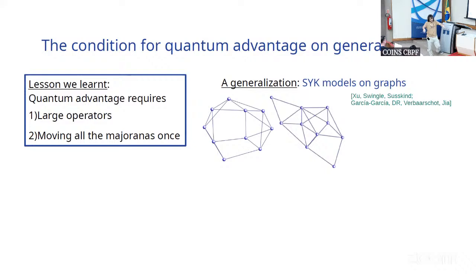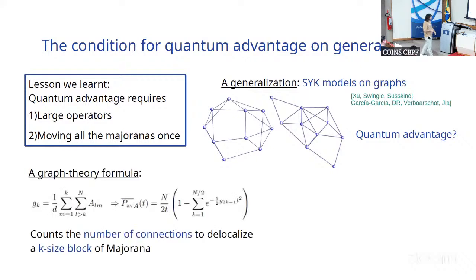Now you can say, okay, I remove the complete graph, I put another graph, whatever I like. So the question that we decided to address is when and how we can have quantum advantage in this more general setup. The answer, again, came out from a simple, I would say, graph theory formula. I'm right now running the numerics, so I don't have the plots, but trust me that the numerics are as good as the previous ones.